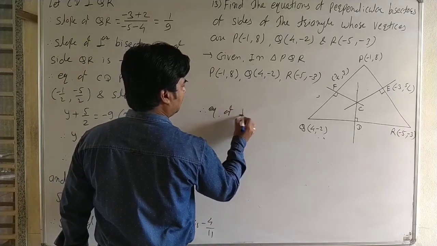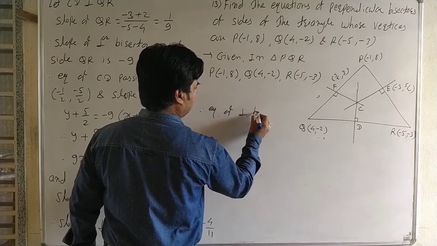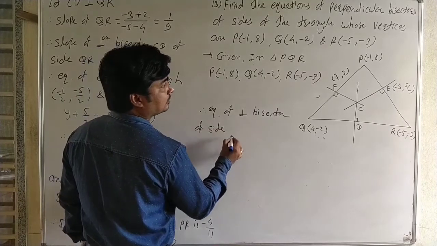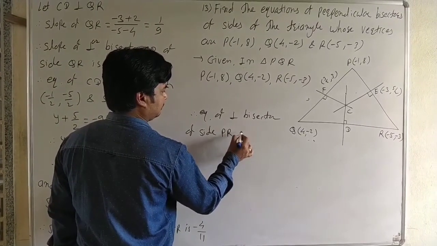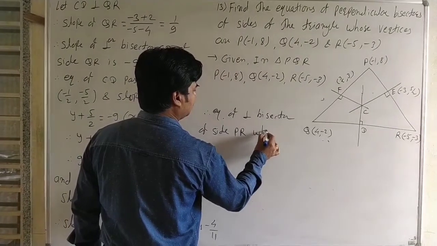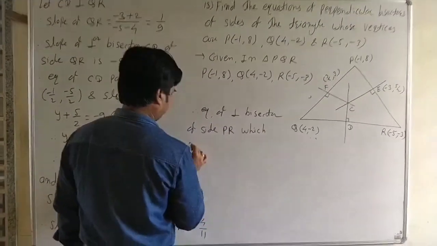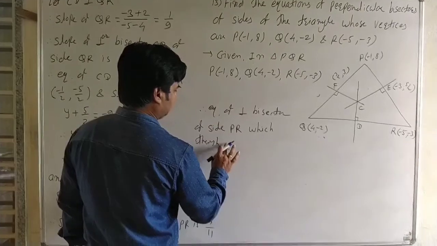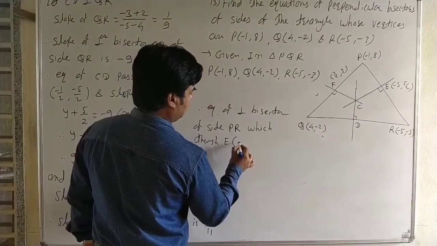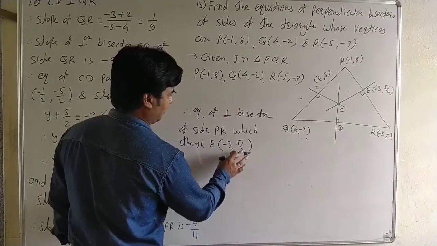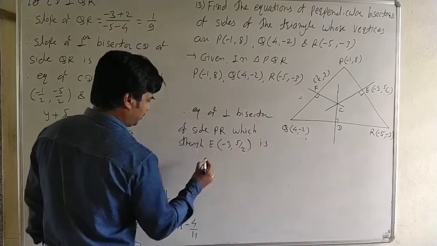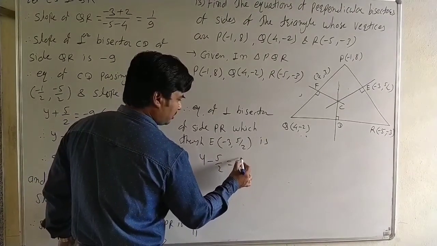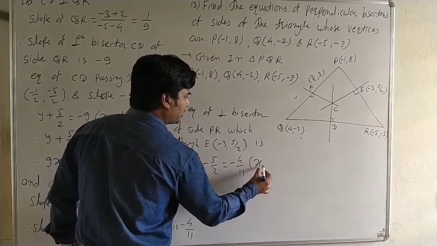the equation of the perpendicular bisector of side PR, which passes through point E (minus 3, 5 by 2), is, the equation of line, y minus y1 is equal to slope minus 4 by 11 into x minus x1.